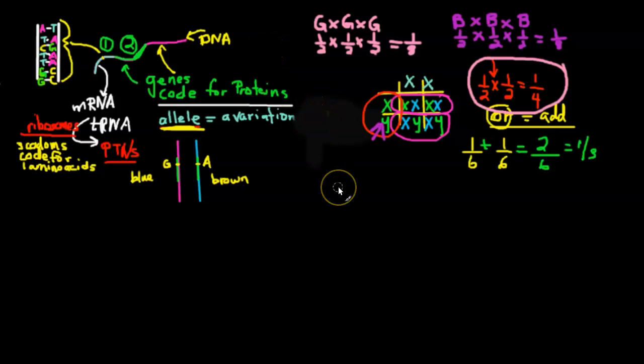Remember, a gene codes for proteins. So the DNA that codes for proteins is called a gene. And an allele, right here, is just a variation of the gene. So in this case, you're going to get an allele from your mom and an allele from your dad.